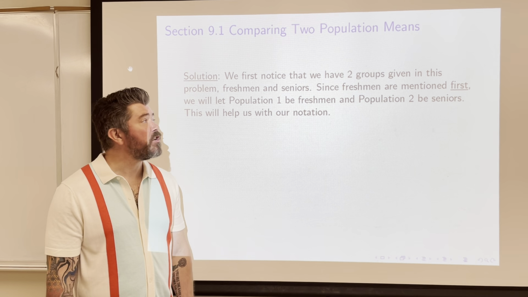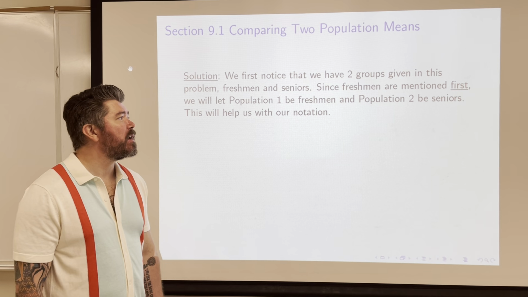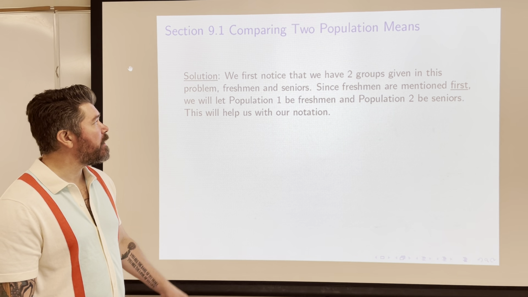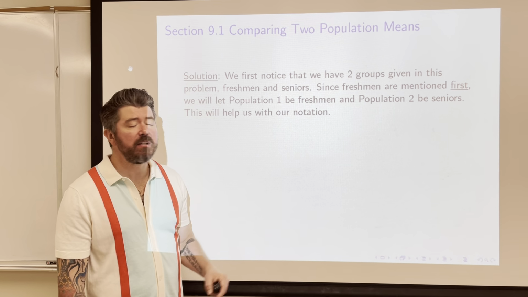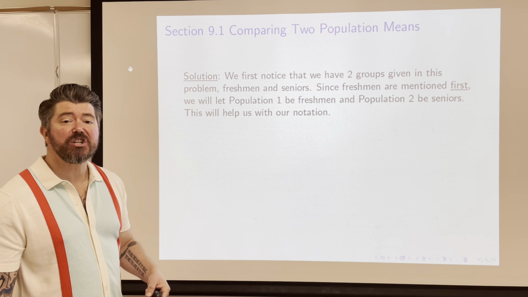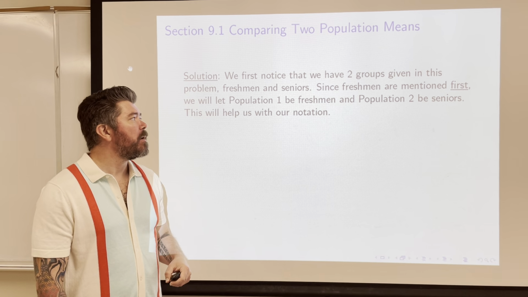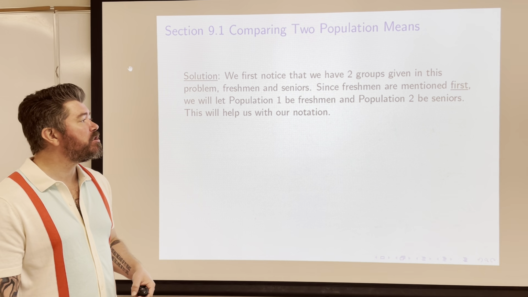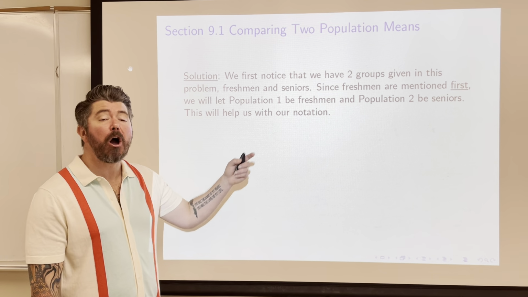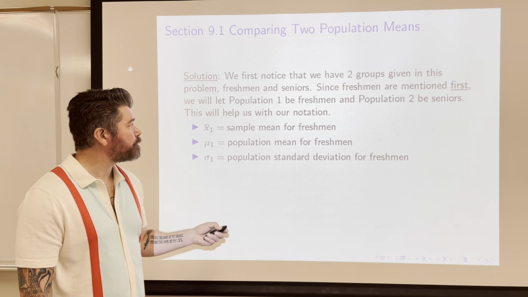Now, we first notice that we have two groups given in this problem, right? We have the freshmen and we have the seniors. Since freshmen are mentioned first in the problem, we will let population 1 be freshmen and population 2 be seniors. This will help us with our notation.